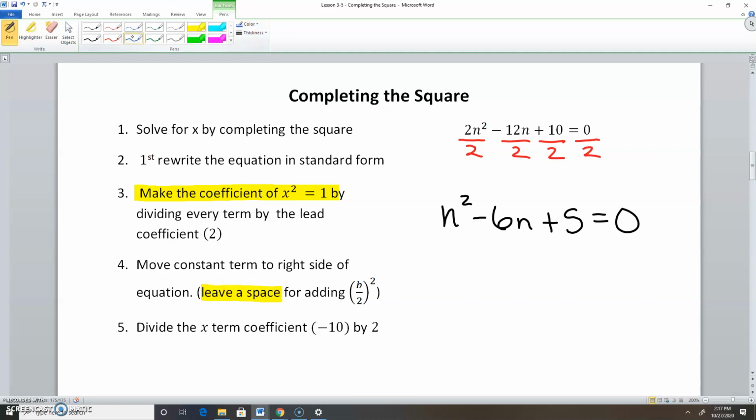And we're going to leave that space for something magical. So first, my constant term, that's a number without a variable, that 5 there. I'm going to take that 5 and subtract it from the other side. That's now going to give me n squared minus 6n, and then I'm going to leave a space, and now I have a negative 5 on this side of the equation.